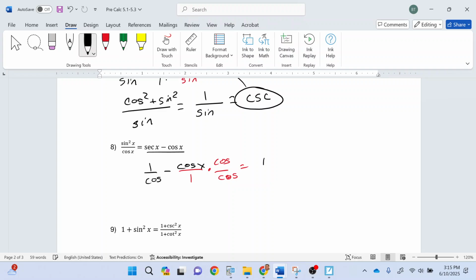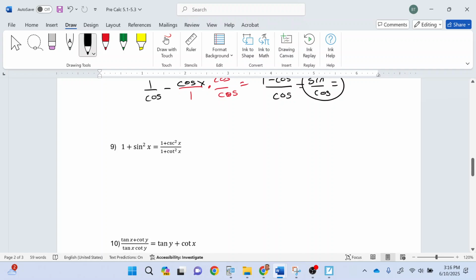So it turns into 1 minus cos squared over cos, which is sine squared over cos, which now I have what I want, actually. I don't need to rewrite it. So that's good.